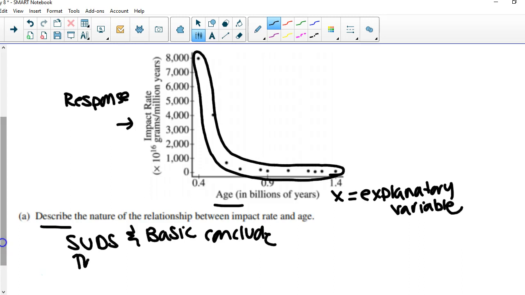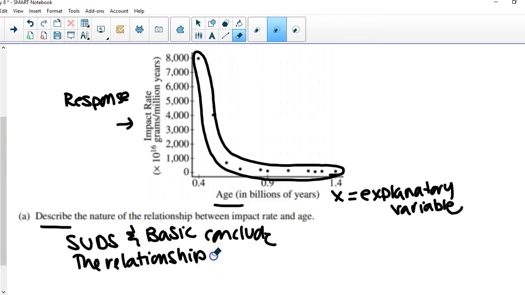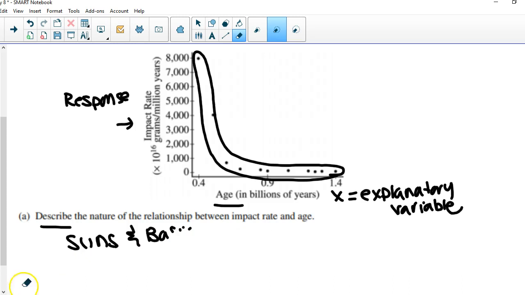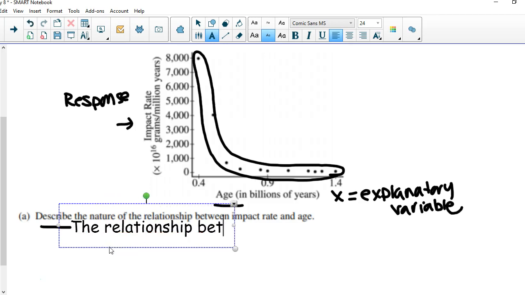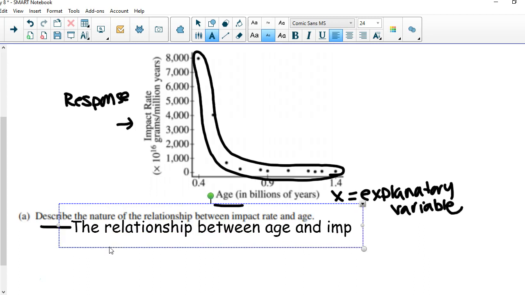So I'm doing SUDS and a basic conclude, and I'm going to say the relationship between age and impact rates is curved.